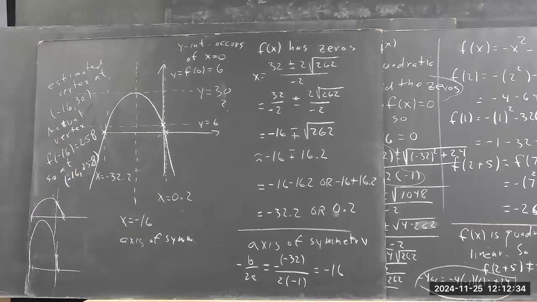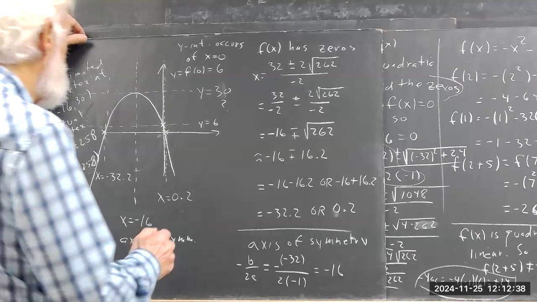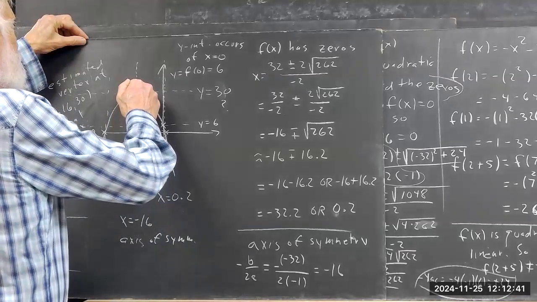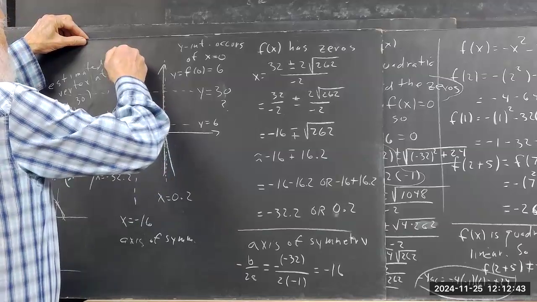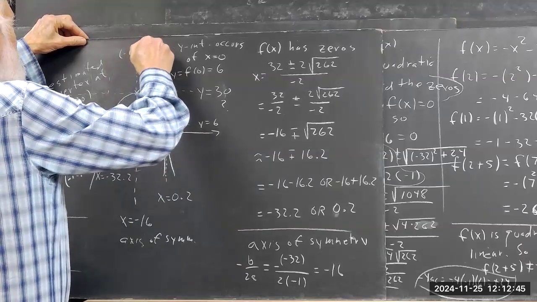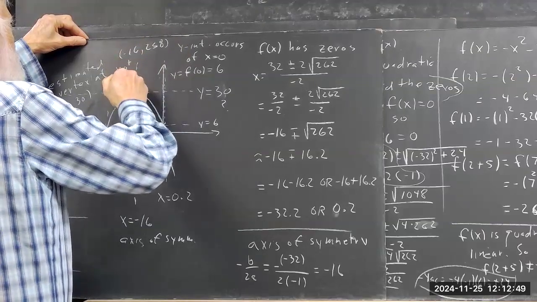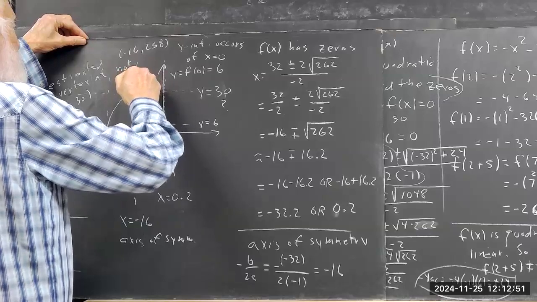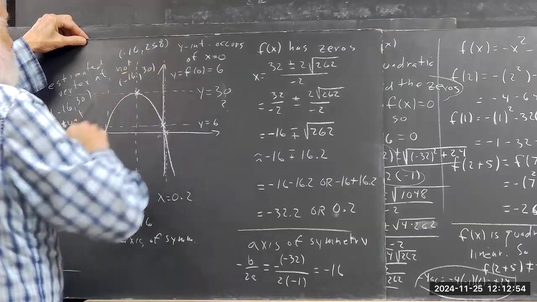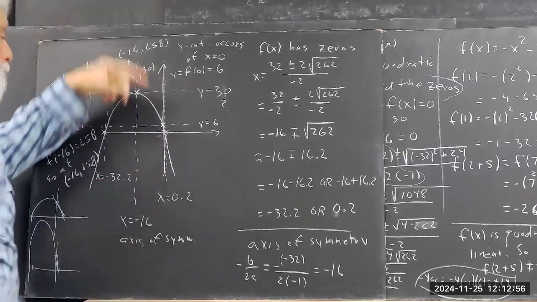You should get something pretty close to 258. So this point is -16, 258. Not -16, 30.